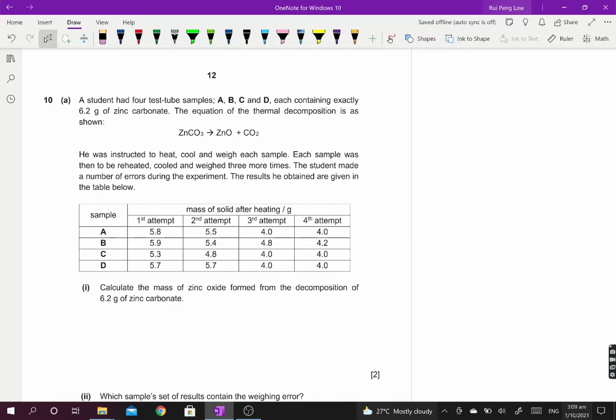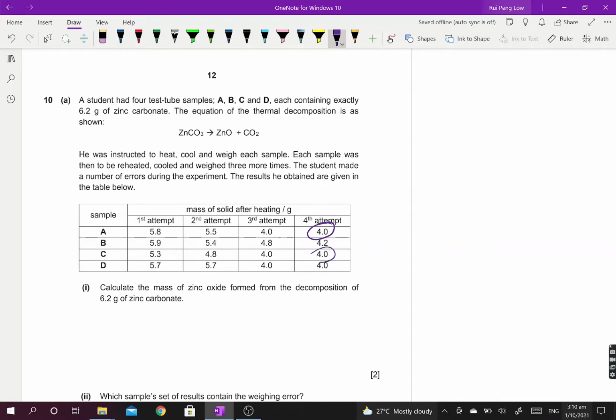Okay, so calculate the mass of zinc oxide formed from the decomposition of 6.2 grams of zinc carbonate. Now, very tempting as to what it means. If you were to take some time to study, you are very tempted to say that the zinc oxide formed is this.